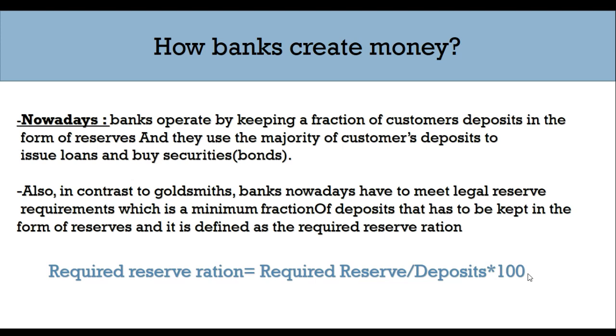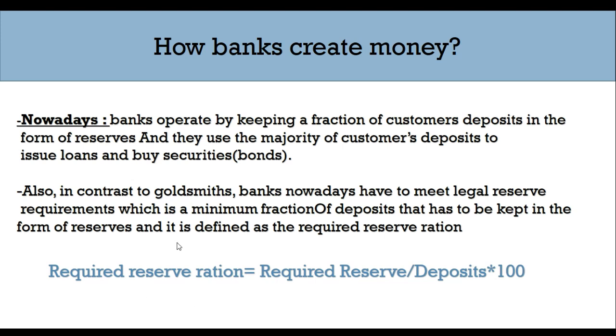They use the majority of customers' deposits to issue loans and buy securities or bonds. So the customer deposit is divided into two parts. The first part is the reserves, which banks keep as reserves, and the second part is for issuing loans, making profits, and buying bonds.